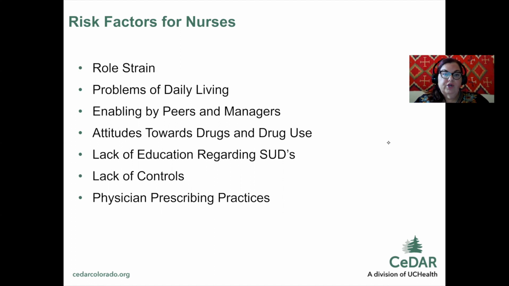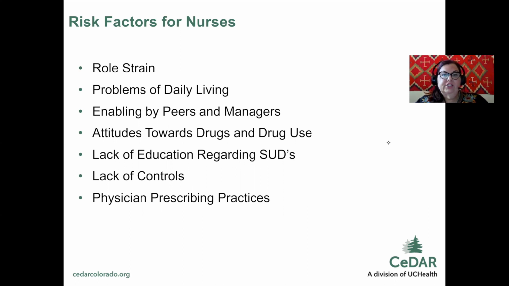The first is role strain, and role strain occurs when we are feeling overworked, we are experiencing burnout, or there is a sense of helplessness or hopelessness around making change in one's work environment.